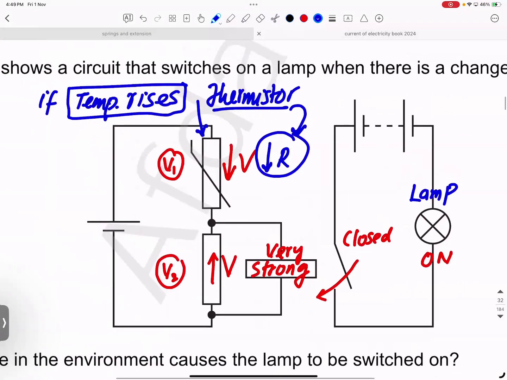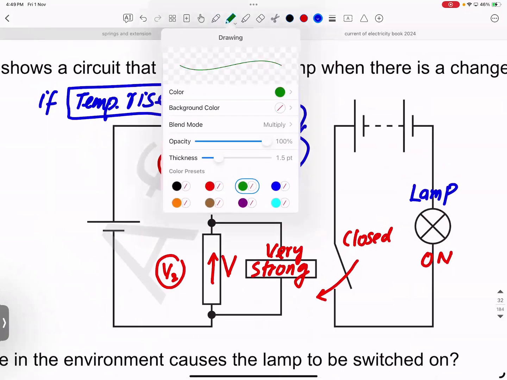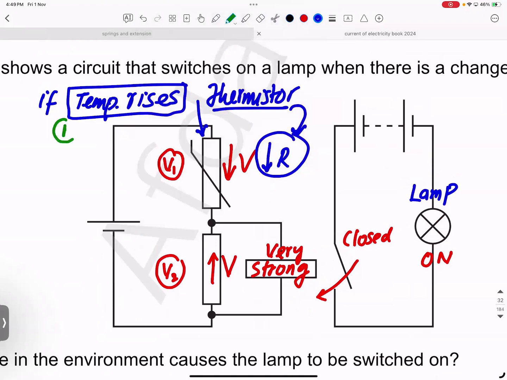Now look, let's go opposite. Look at this green color. Number one, if temperature rises, what will happen? Number two, thermistor resistance will decrease. Pay attention, please. Number three, voltage share of thermistor will decrease.